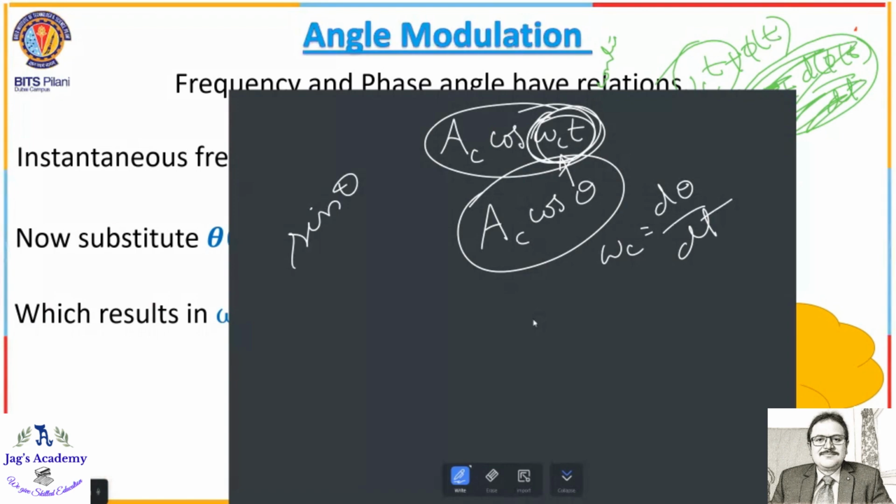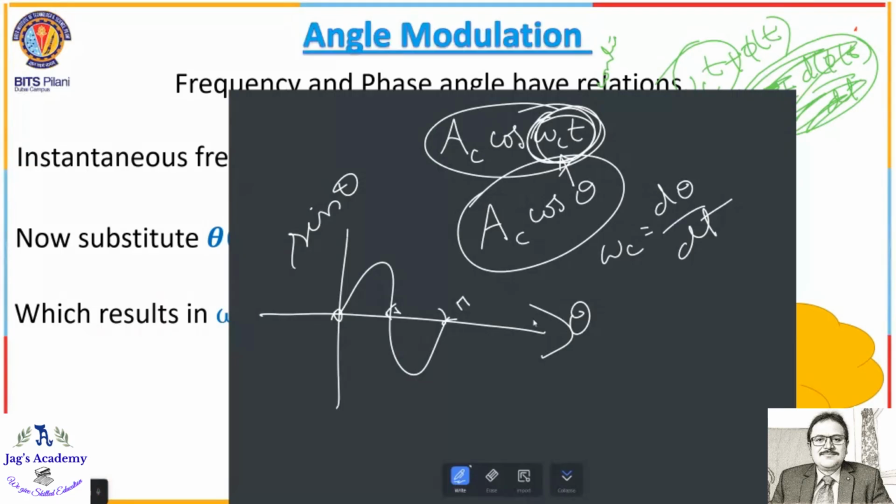It's a rotating vector, right? So if you plot this versus theta, you will get this, yes or no? I'm just bringing back the fundamentals here. So this is your 0, pi, 2 pi. This is theta. Can I write the same in terms of omega?